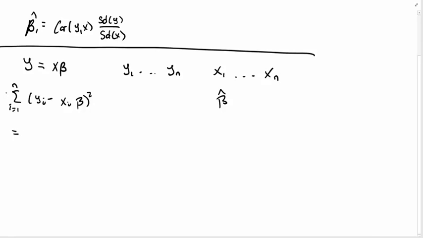So this equation here is equal to the summation i equals 1 to n of yi minus xi beta hat plus xi beta hat minus xi beta squared, simply because I've just added 0. All I've done is add 0.